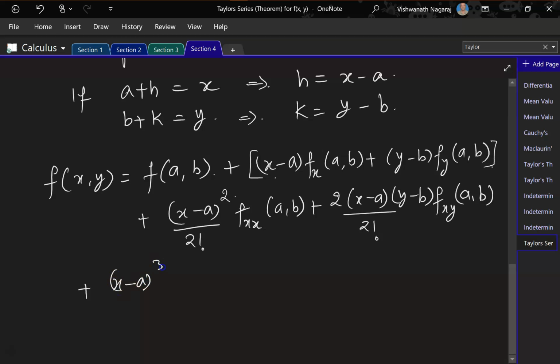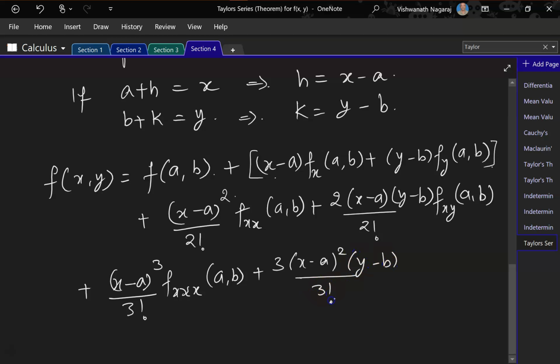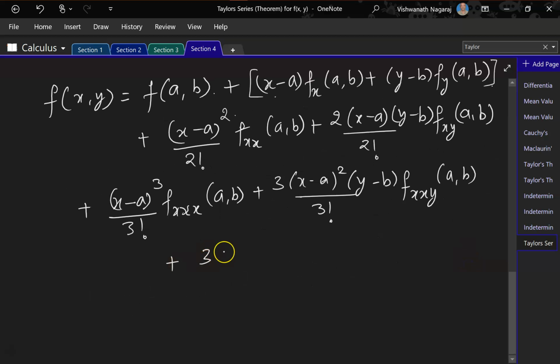So x minus a cube by 3 factorial f xxx of a comma b plus 3 times x minus a square y minus b by 3 factorial f xxy of a comma b plus 3 times x minus a y minus b square f xyy of a comma b.